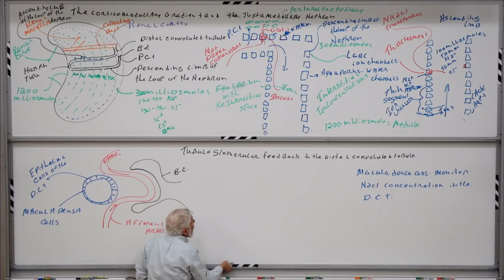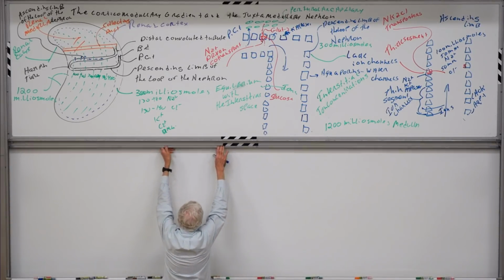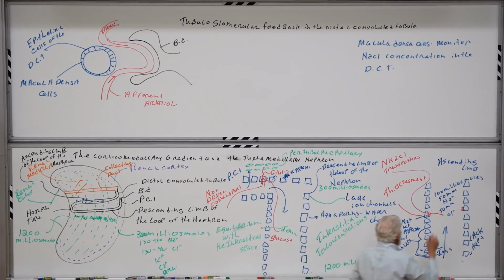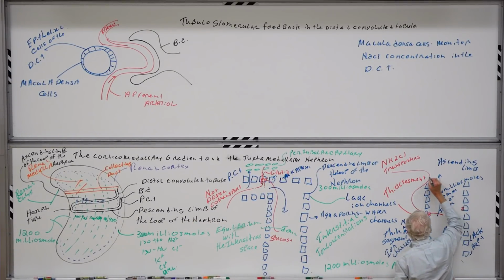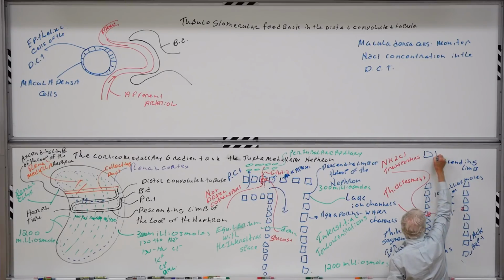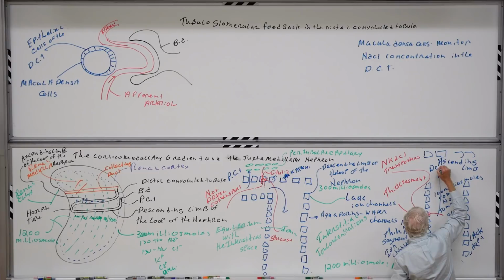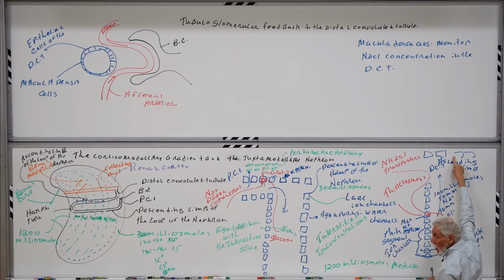Let's go back to the upper panel. The fluid flow is in this direction. We can imagine out here, I won't draw the whole thing in, but this could be the distal convoluted tubule. The fluid is flowing into this region. This is the site of the macula densa cells.